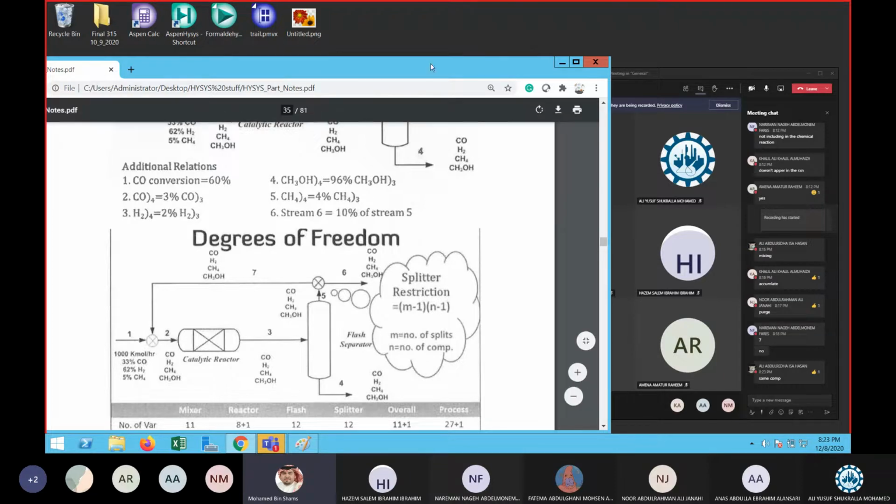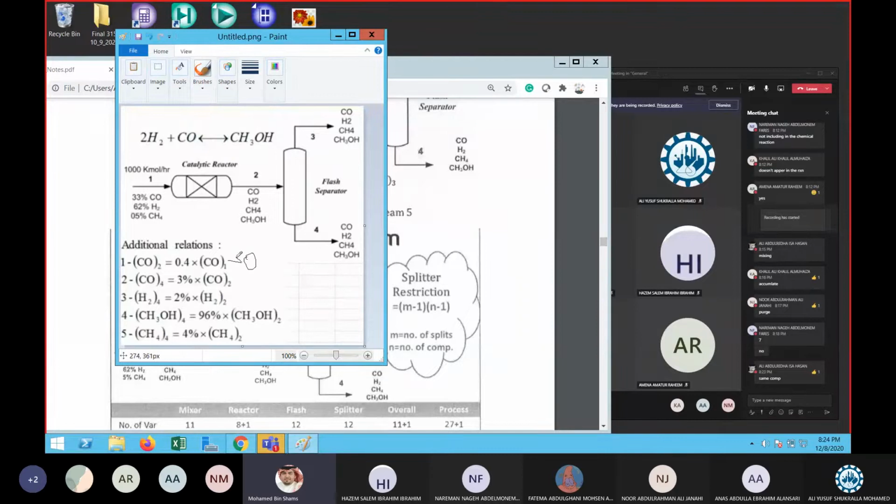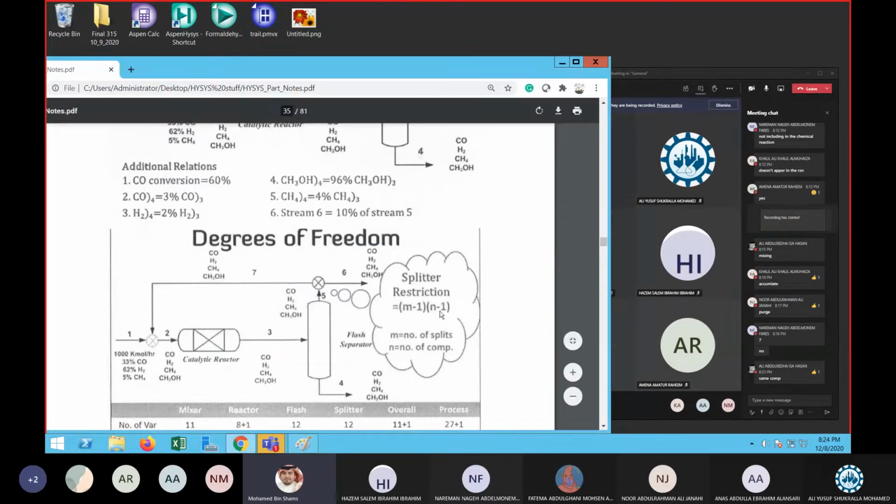How do we calculate it, Shabab? We calculate it using the equation you see. We have M, which is the number of splits, the streams that leave the splitter. If I have something like this, with one coming in and 4 going out, the number of splits is 4. And then N is the number of components.